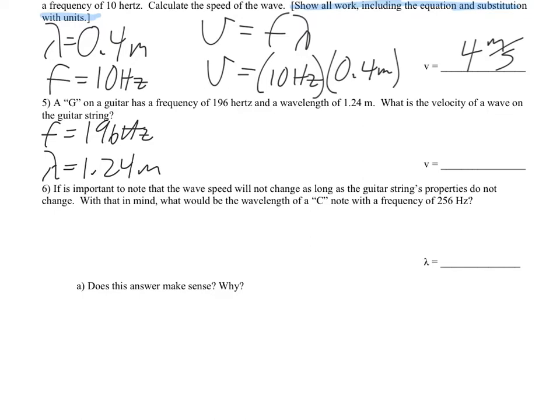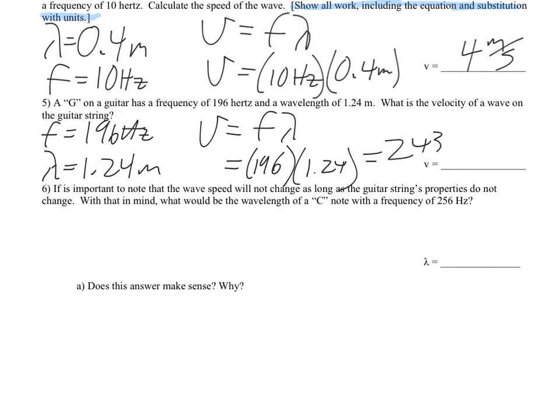So again, using v equals f lambda, we have 196 hertz times 1.24 meters. And that comes out to be 243 meters per second. And that's our velocity.